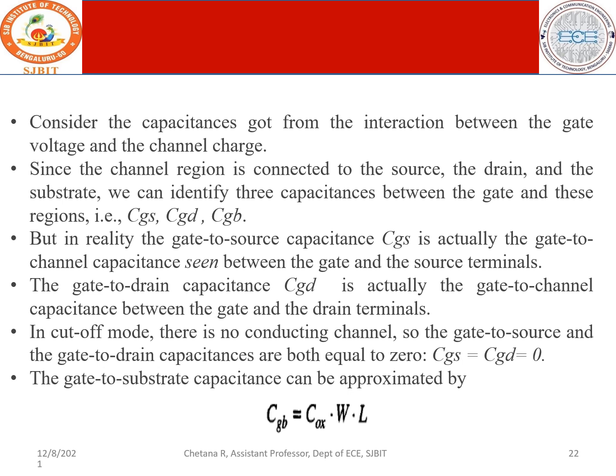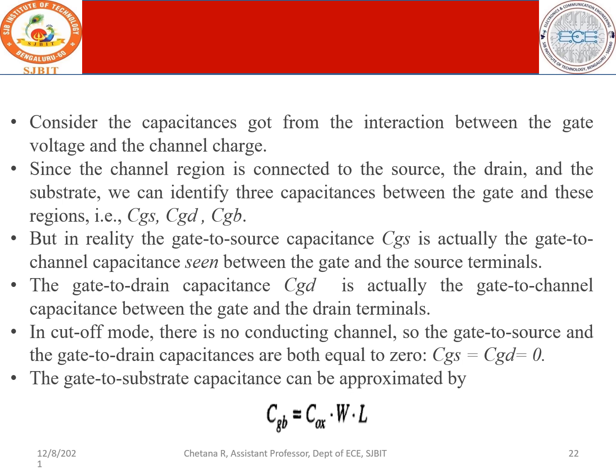Now we will consider the capacitances from the interaction between the gate and the channel. Channel is nothing but your N type or P type majority charge carriers. Since the gate channel region is connected to the source, the drain and the substrate, we can get the capacitances CGS, gate and source, CGD, gate and drain, and CGB, gate and substrate.